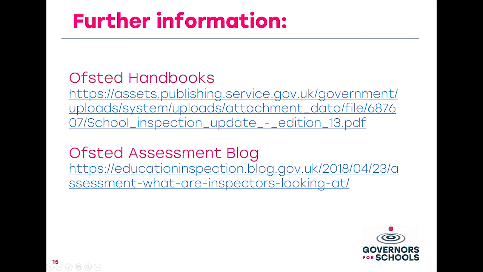My advice would be that in the absence of Ofsted coming and making a visit to your school, you are responsible for ensuring that your school is meeting those expectations. So you are responsible as a governing body for saying, we understand what the Ofsted expectations are, and we ensure that our school or academy is operating at that level.